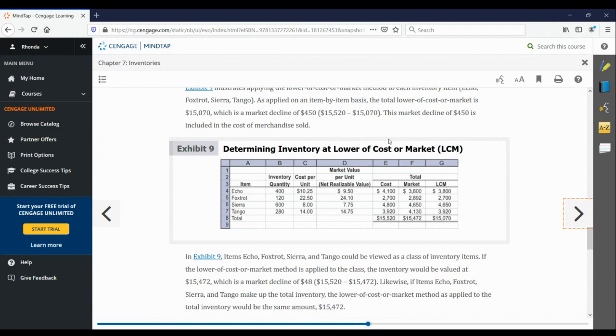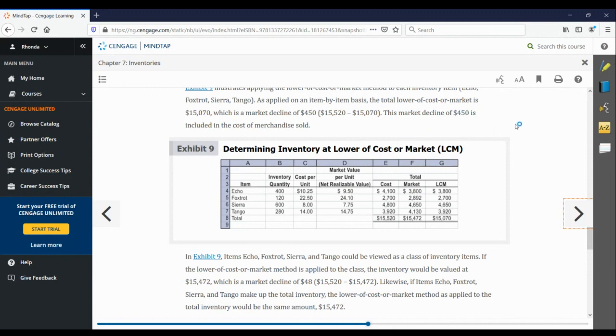So if we created a journal entry to do that, our merchandise inventory would have to be credited for $450, whereas our cost of merchandise sold would actually need to show an increase in the amount of $450.